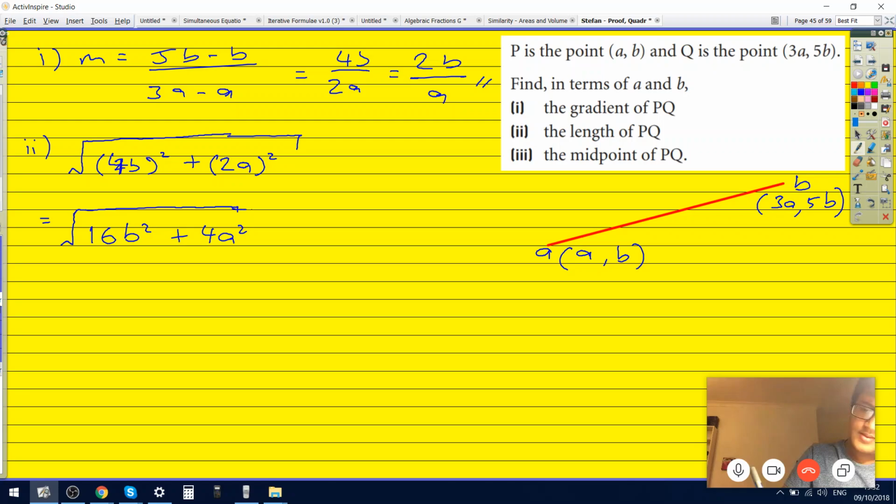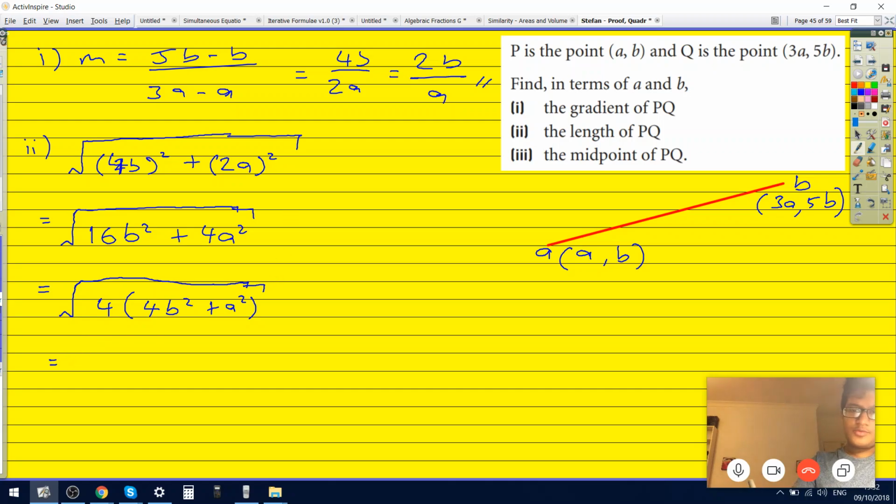Okay, and I noticed that this can be factorized. What can we do there? Yeah, so you could have 4 outside the bracket and then 4b squared plus a squared. And then this, I think you can slightly square root.